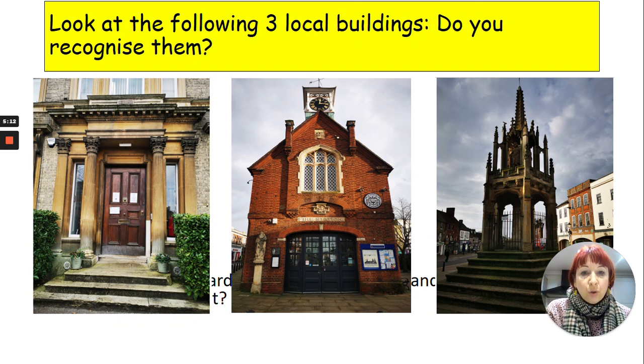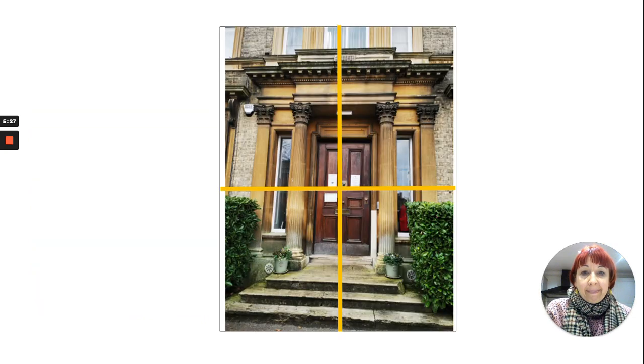I'm going to model to you the first steps that we will be doing today in order to start to draw our image. And I have chosen an image, and I've gone with the old fire station, the middle image, today.